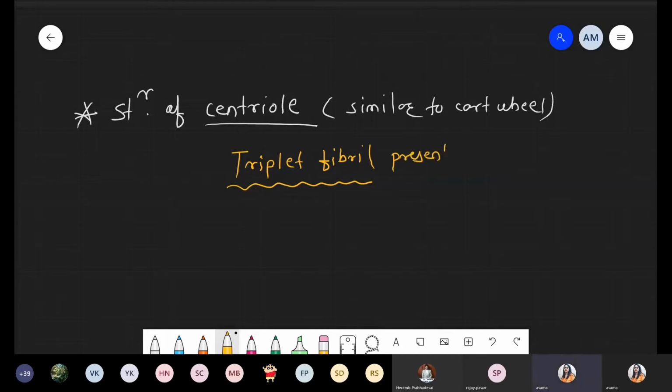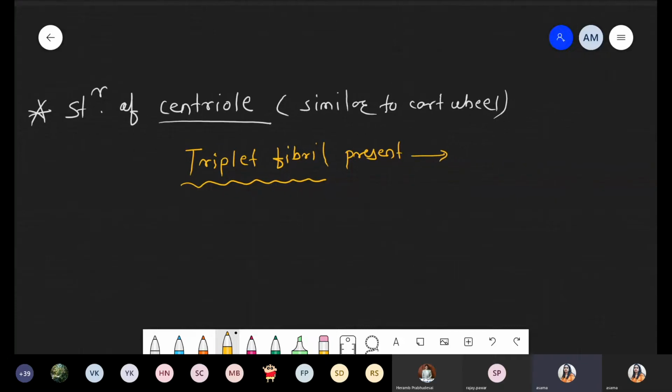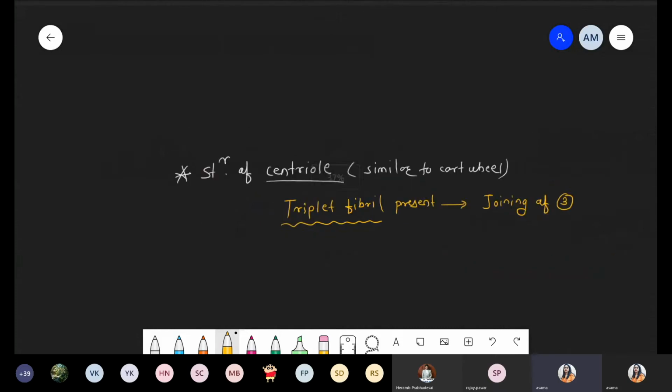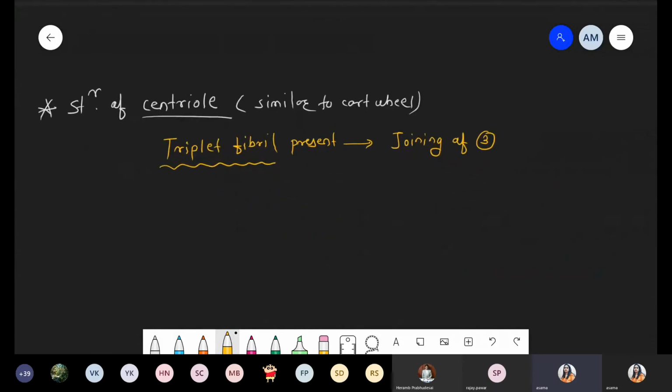Such triplet fibrils collectively join with each other and form a microtubule. Triplet fibril means it is made up of three fibrils, and those three fibrils are called microtubules. It is made up of three different microtubules.